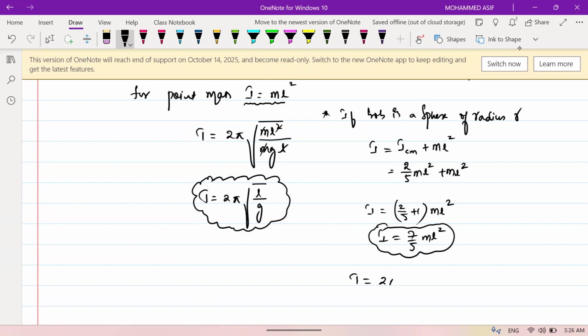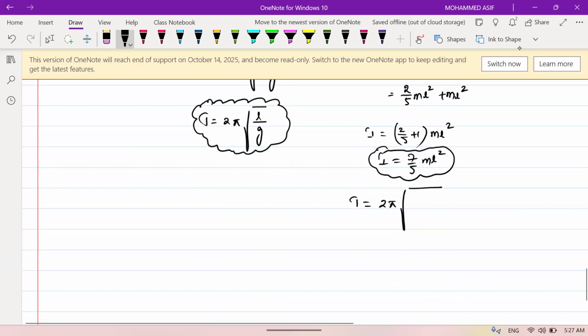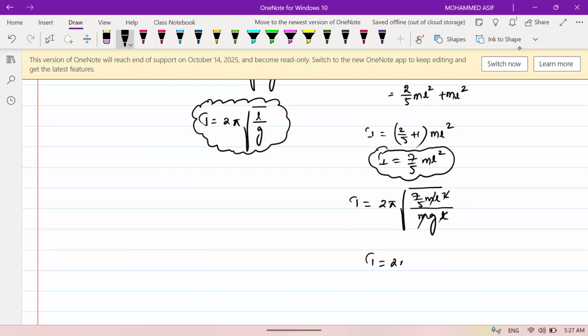T is equal to 2 pi under root of I divided by mg into L. I value is 7 divided by 5 into m L square divided by mg into L. Now in this, what can I cancel? This L, this square, this m will get cancelled. So time period is T is equal to 2 pi under root of 7 into L divided by 5 times g.